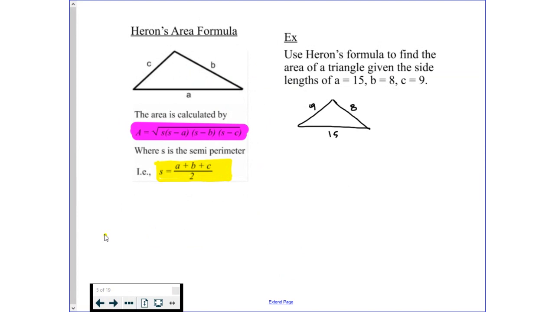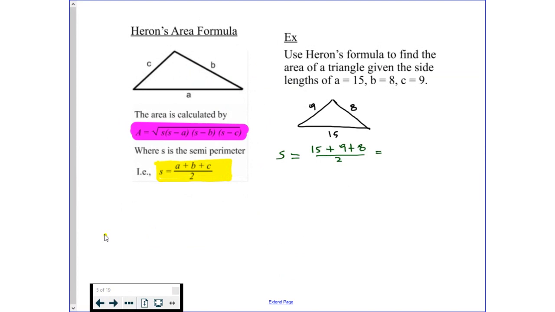First you have to find S. In this case, S is half of the perimeter. So S equals A plus B plus C, which is 15 plus 9 plus 8 divided by 2.